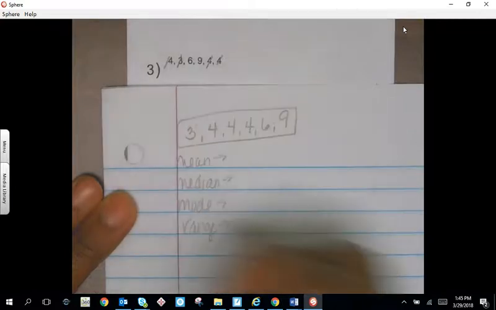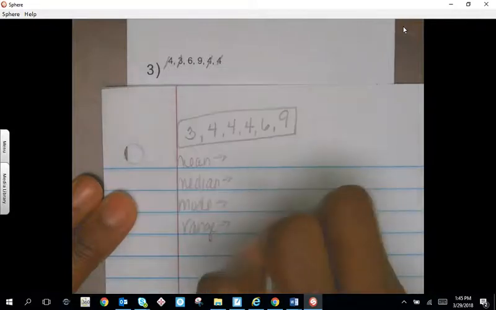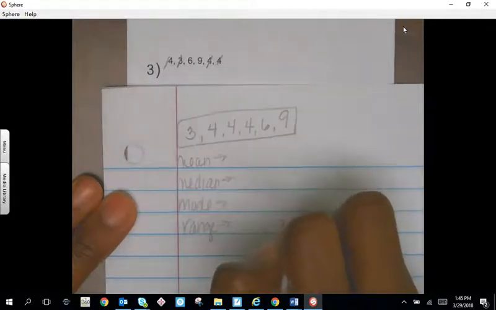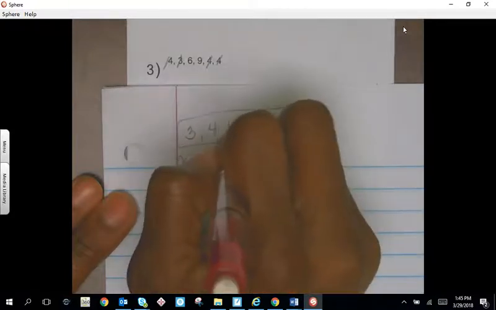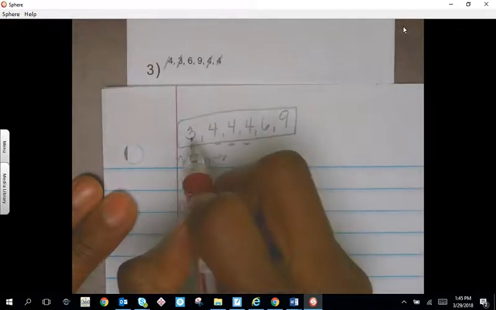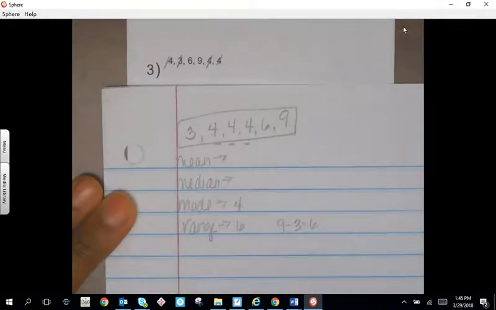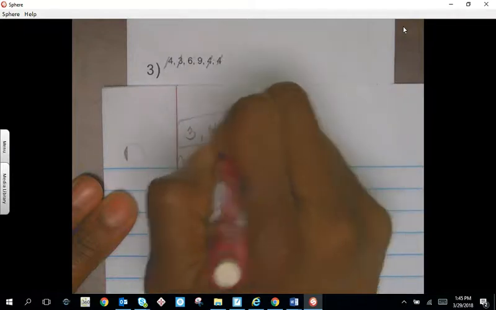My range, biggest number minus the smallest number. 9 minus 3 is 6, right? Mode, where do I see the most? I have 3 fours. My median, 1, 2, 3, 4, 5, 6. Oh, this time I have an even data set. And if you remember from your notes, if I have an even data set, I take the two numbers that are in the middle.